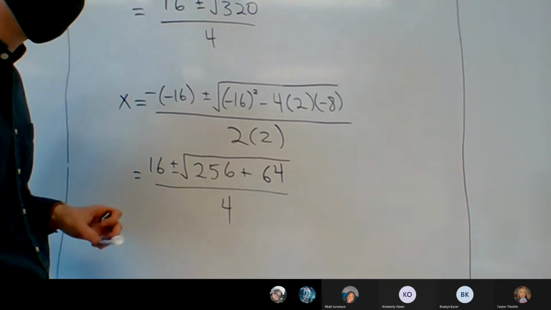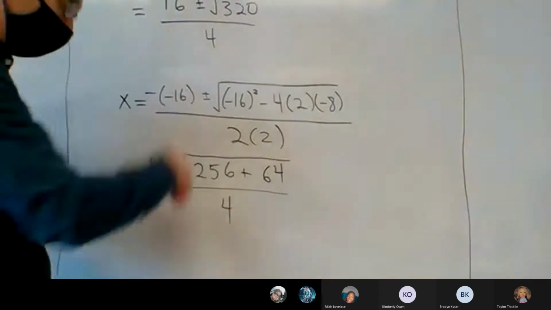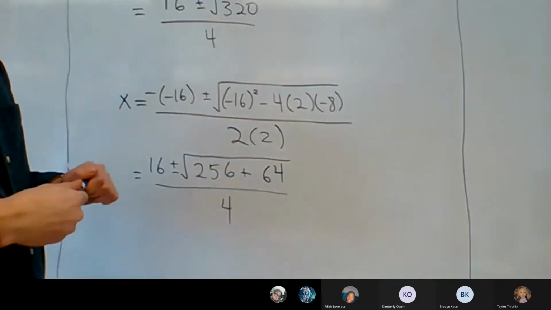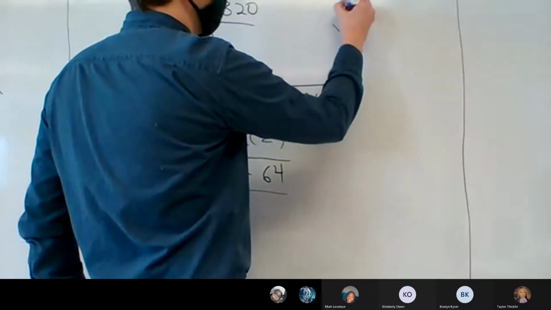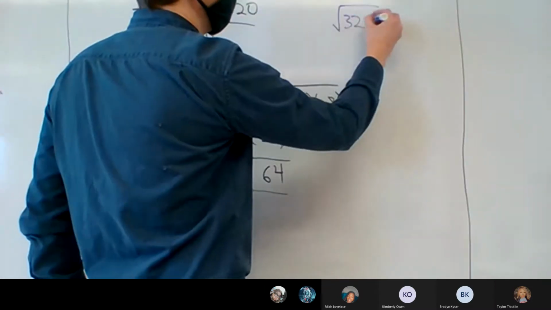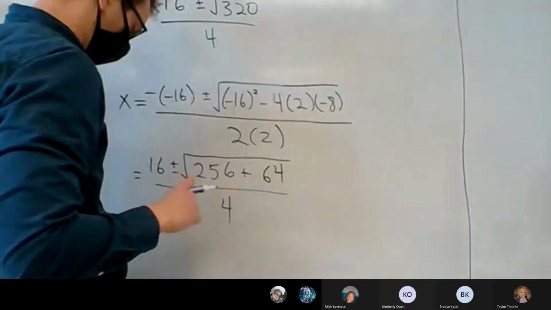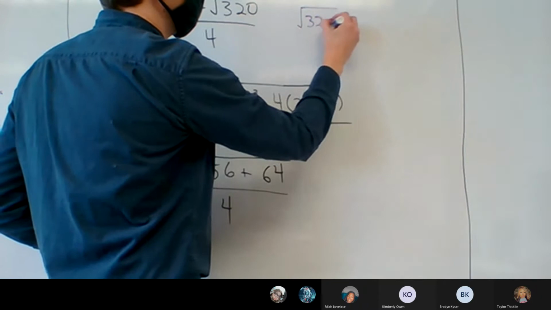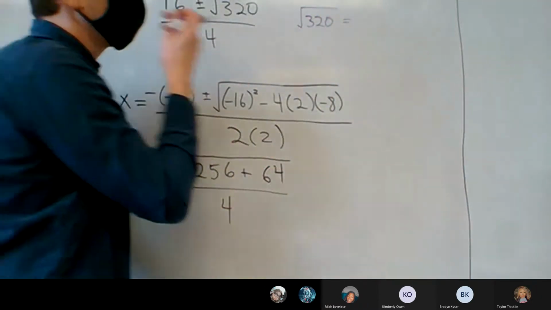All right, now where am I? I'm back in section 0.4, having to reduce radicals. So I'm going to say square root of 320. I need a perfect square factor of 320.